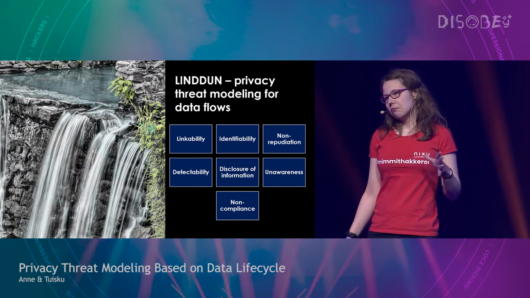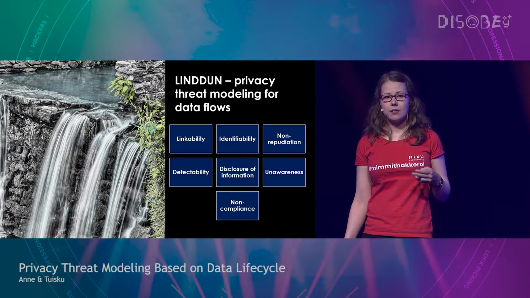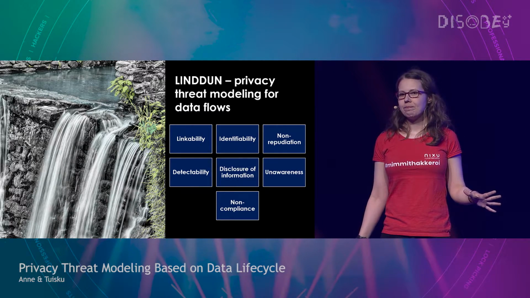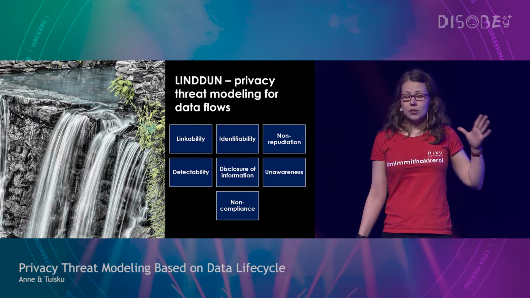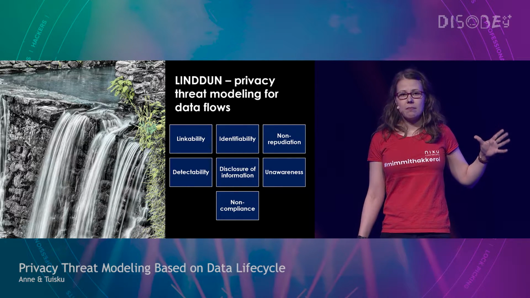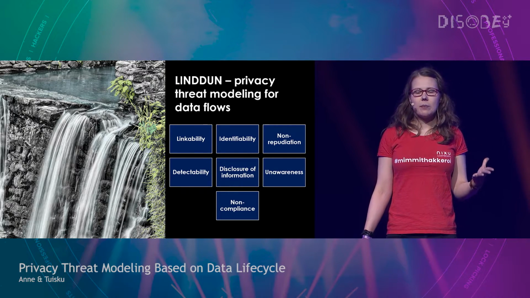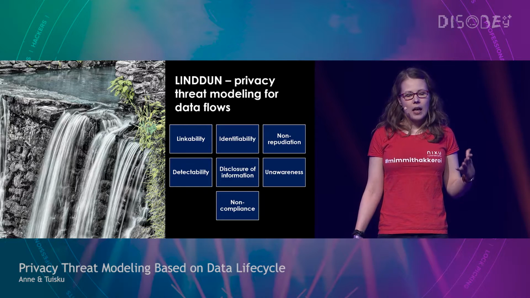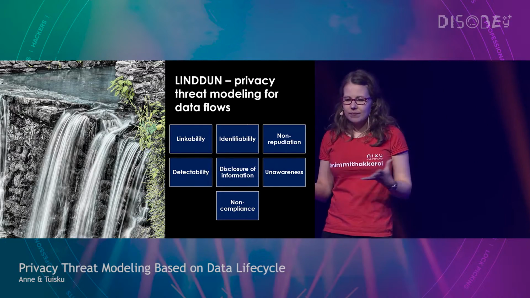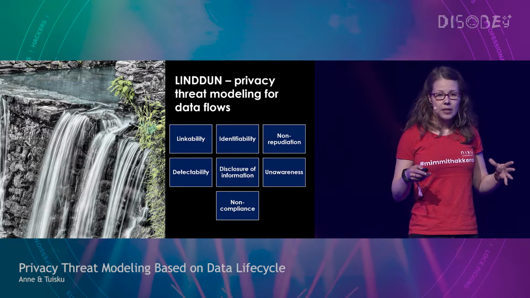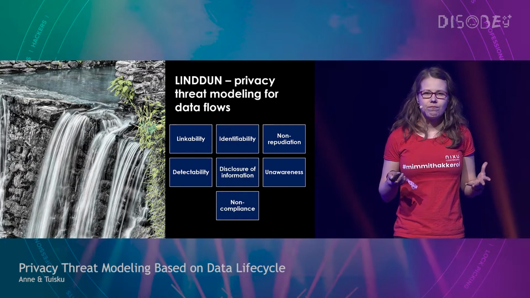There are existing threat modeling approaches. There's LINDDUN. All the letters mean a specific privacy threat. It's really useful to understand these concepts. When is linkability a problem? What does detectability mean? And so on. But LINDDUN, the pure approach, focuses on data flows and the anonymity of data flows.